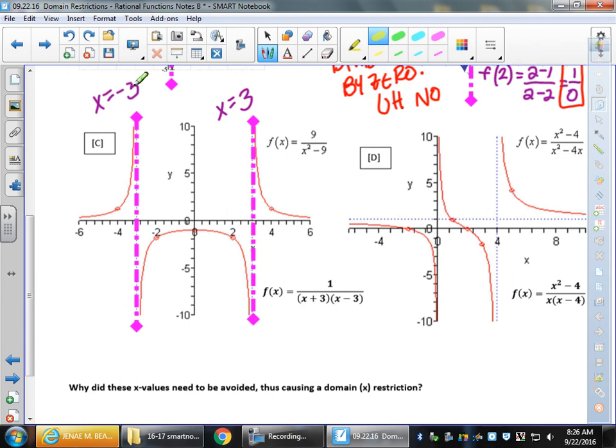Question is the same. Do we see connections between these 2 numbers as x values and this denominator?